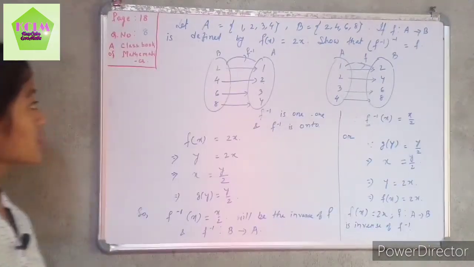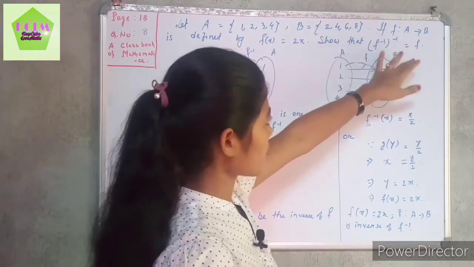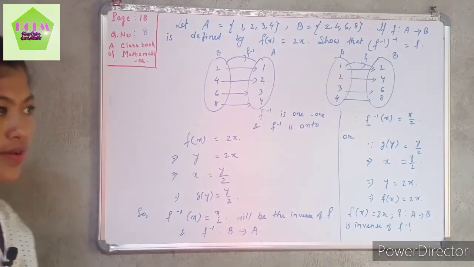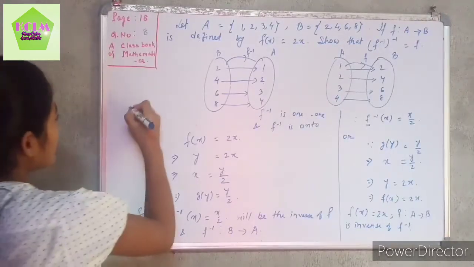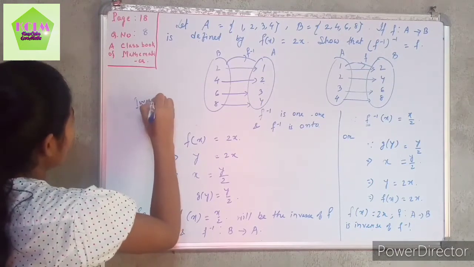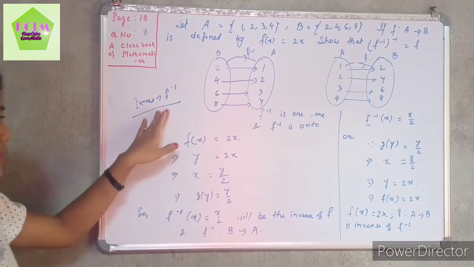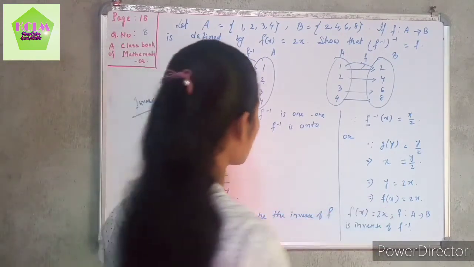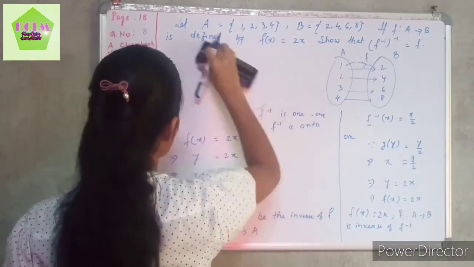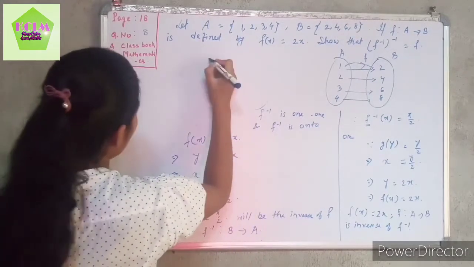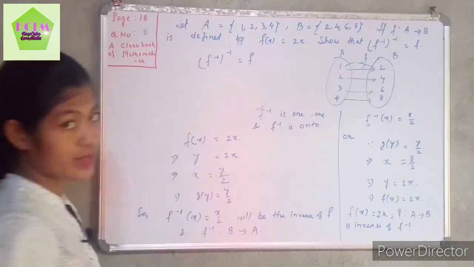So here in this question, to show that the inverse of f inverse equals f, we have found f inverse of this function f, and again found the inverse of f inverse, and again we have found the inverse of f inverse as f. So finally, combining all this, we got that the inverse of f inverse is nothing but the function f itself. So it is done.